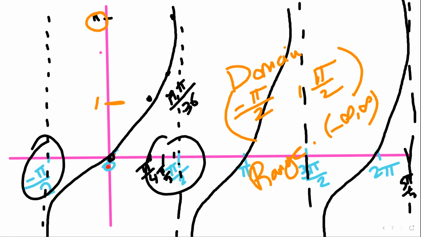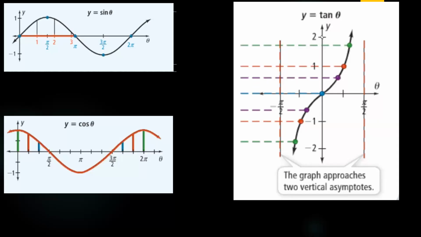So let's come back here now. This is here for the tan, this is for the sine, and this is for the cosine. Teacher, we don't have these photos in our lesson.